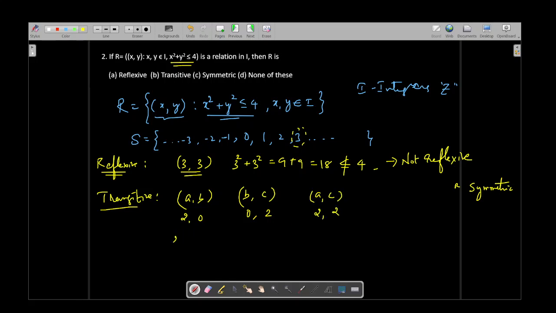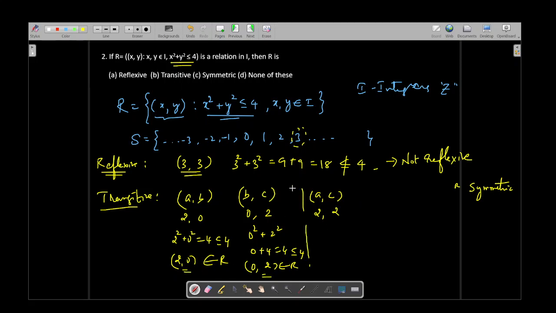Here 2 square plus 0 square is 4, which is less than or equal to 4, so (2, 0) is a member of R. (0, 2) is also a member of R, because 0 plus 4 is 4, which is less than or equal to 4. Now if these two are members of R, then (2, 2) should also be a member of R if we want to say this satisfies the transitive property.